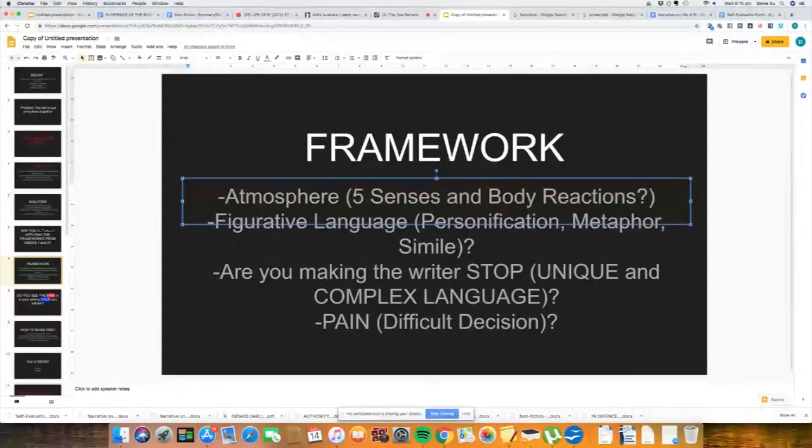Then, are you communicating the pain? Are you communicating the difficult decision? Remember what we talked about last week in terms of the difficult decision. The main way that we create a complication is by having a character experience something extremely difficult, having them make a decision between two kind of impossible choices.